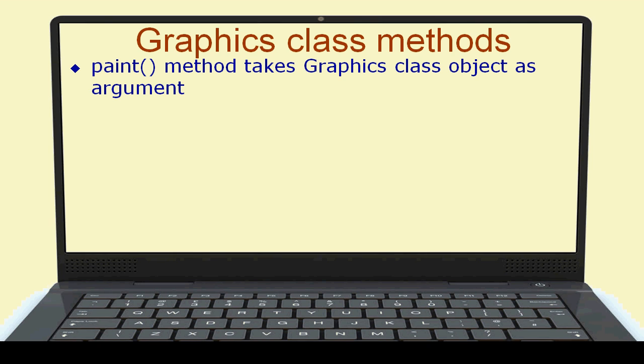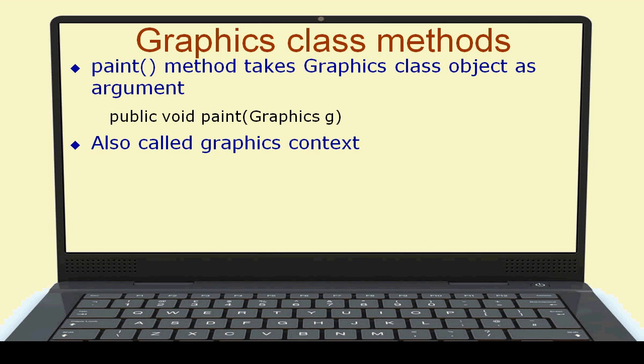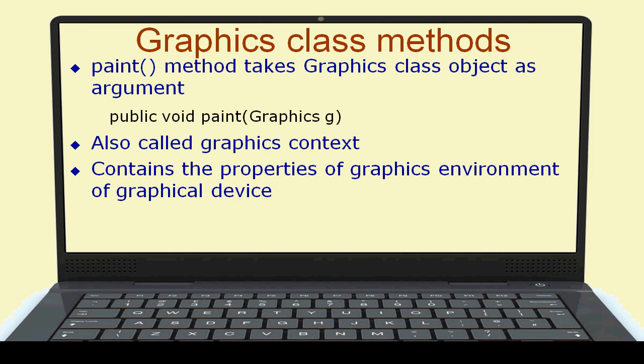The prototype of the paint method is like this. This Graphics object is also called a graphics context. It contains the properties of the graphics environment of the graphical device that is presently in use. That means the monitor on which the browser is going to be displayed.